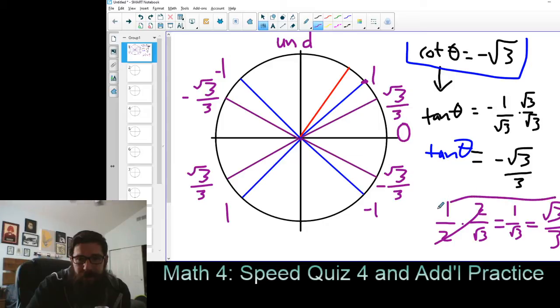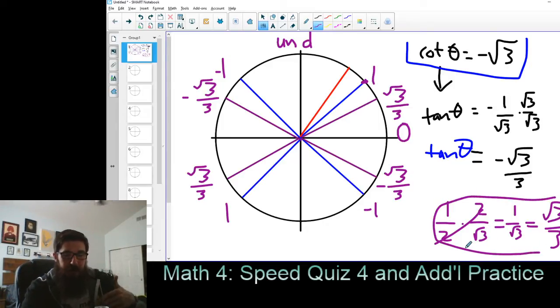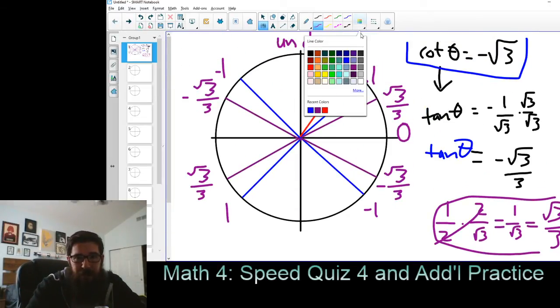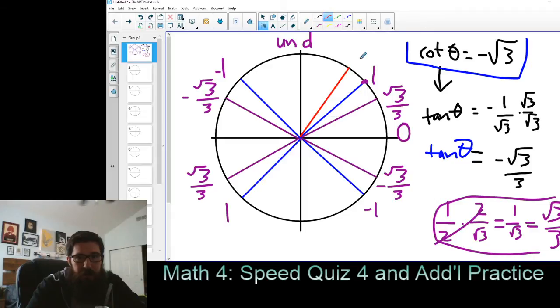The same math that I did right here, if you flipped it so it was root 3 over 2 divided by half, again, you can walk through that on your own. Basically, what you're going to find is that this value right here, I'll change it to red to make it stand out a little more: tangent at pi over 3 is going to be root 3.